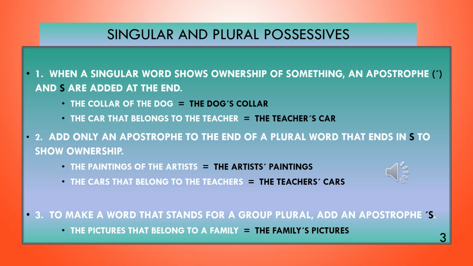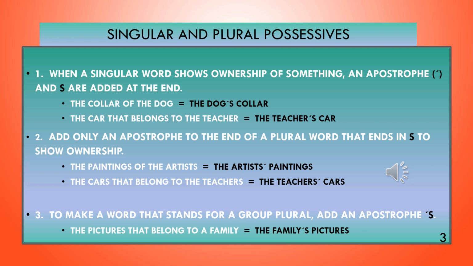We are talking about the dog's color. You have an apostrophe and the letter S added at the end of the singular noun. We are talking about the dog, and here we have the apostrophe and the S. Remember, we are showing that the owner of the color is the dog.